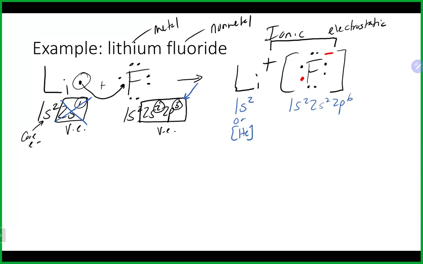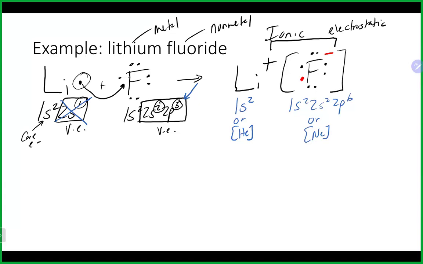Who on the periodic table is number 10? Neon. That is also what type of element? Noble gas, yeah? So this, again, is the purpose of all bonding, is for everybody to achieve the same electron configuration as a noble gas, because noble gases are extremely stable.